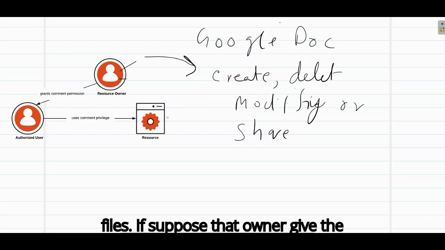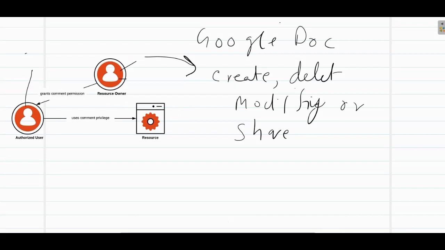If the owner gives some permission to any user, that user is called an authorized user. He has permission in read only mode.